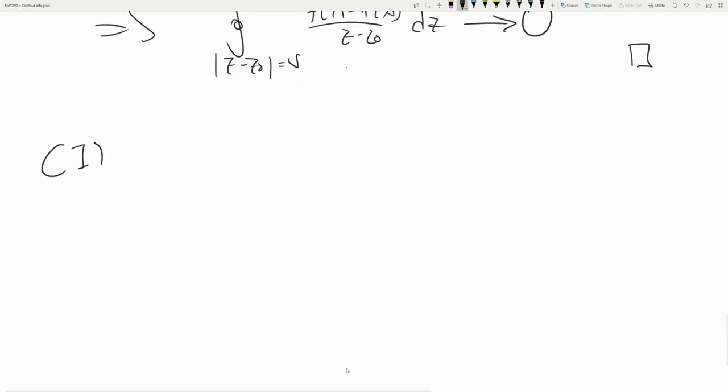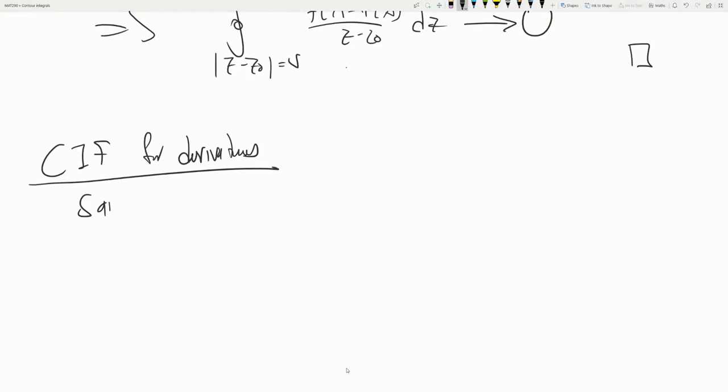Okay, so Cauchy integral formula for derivatives. Same assumptions as before.